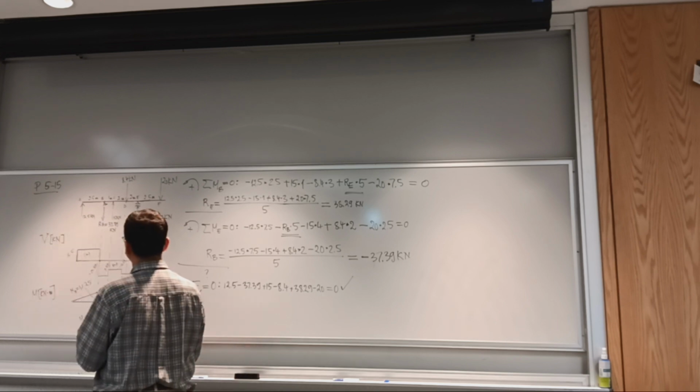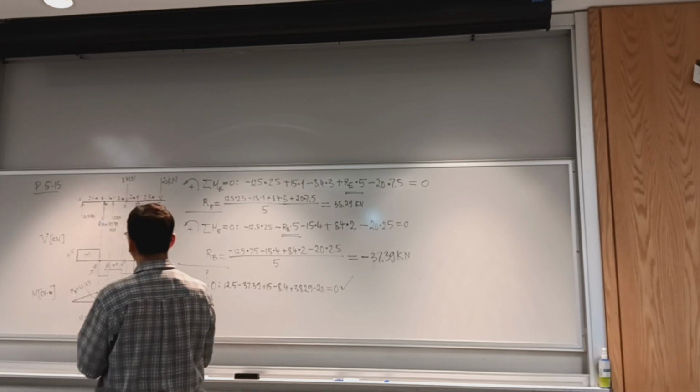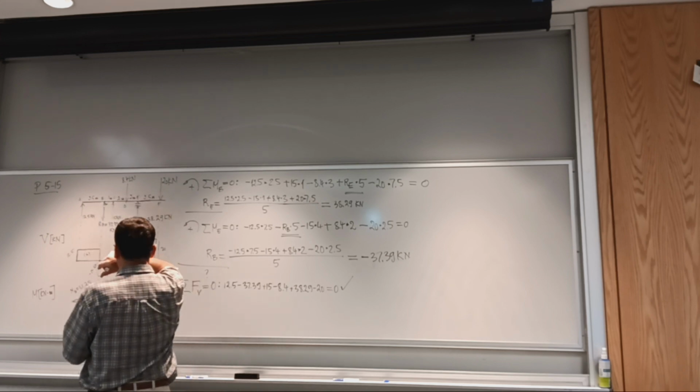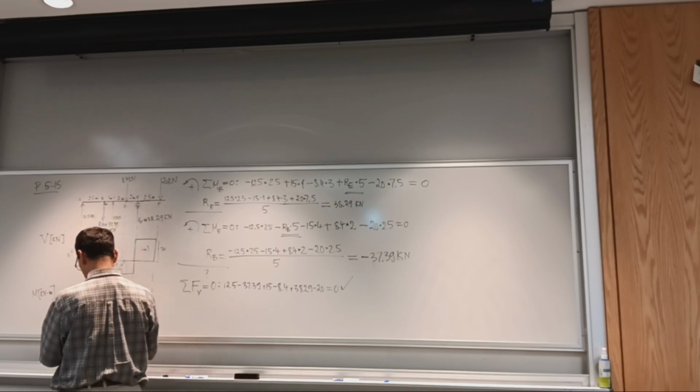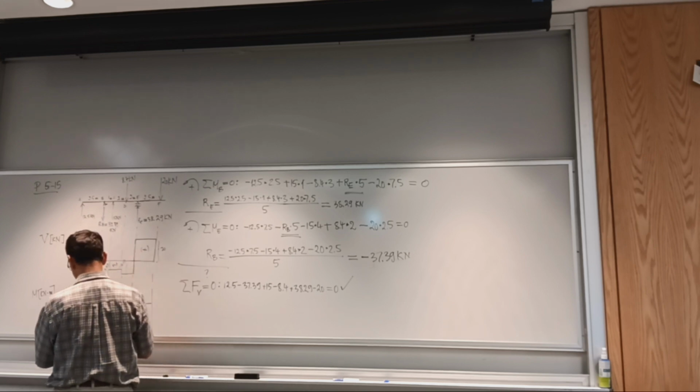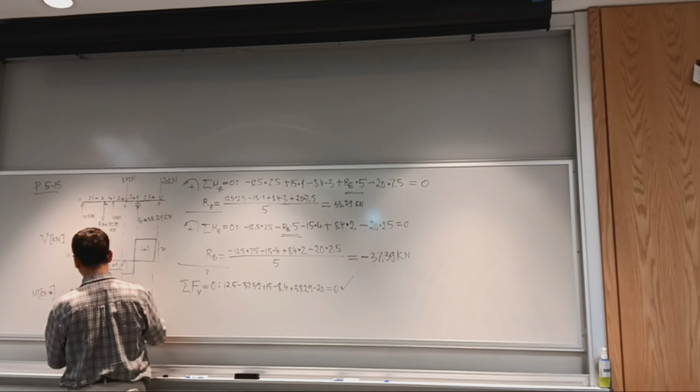So it will be 9.89 times 2. So negative 9.89 times 2 equals. And yes, I've got negative 13.24.